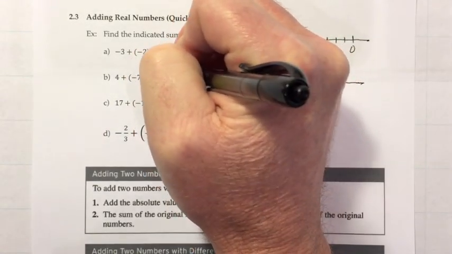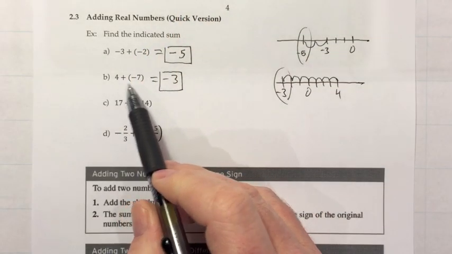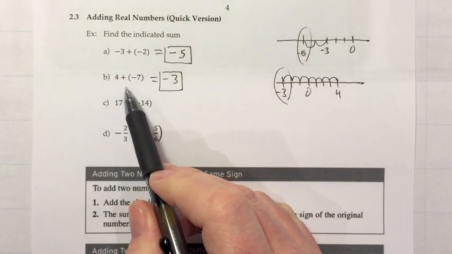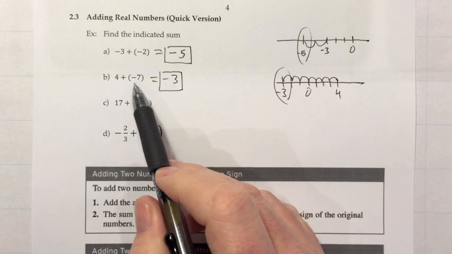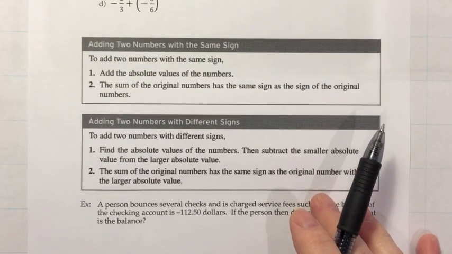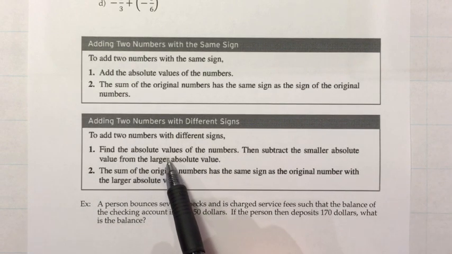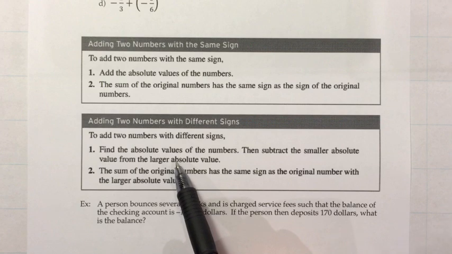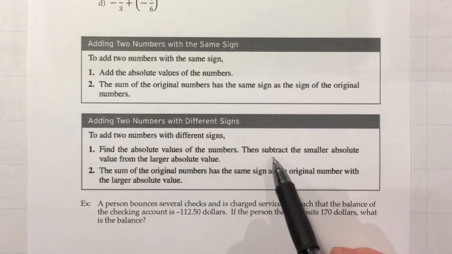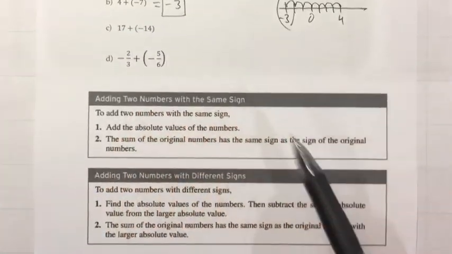And then how can you think of that in terms of the mechanics of it? Well, the 3 is the difference between 7 and 4 if you ignore the signs, and then the answer had the sign of the bigger of the two numbers. So we have a summary of that down here too. If you're adding two numbers with different signs, find the absolute value, which essentially means ignore the signs, just think about the numbers themselves. Subtract the smaller one from the larger one, so 7 minus 4 is 3.